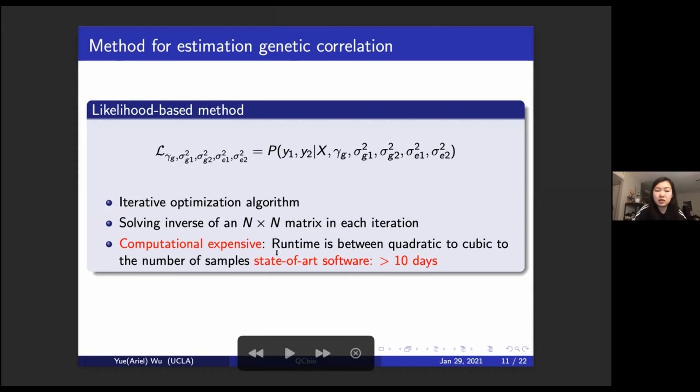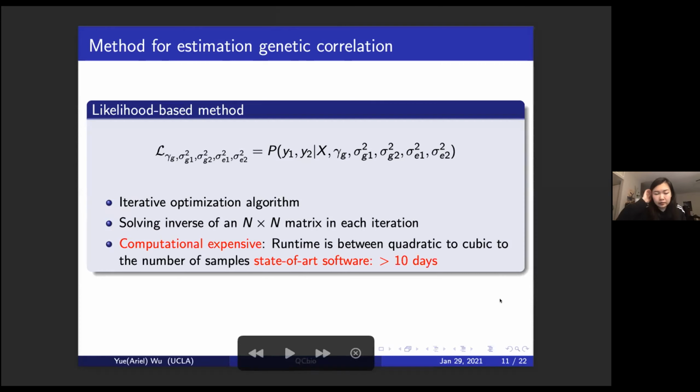It's the most accurate method, since it uses all the information in the likelihood, but it's very computationally expensive. The runtime is between quadratic and cubic in the number of samples.